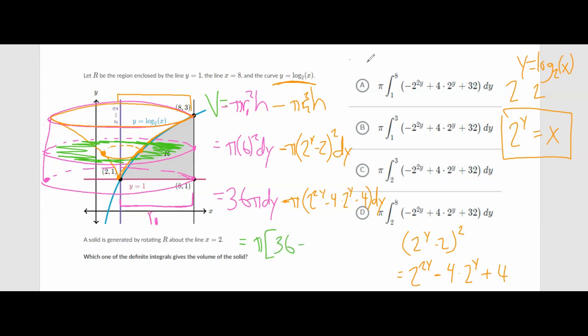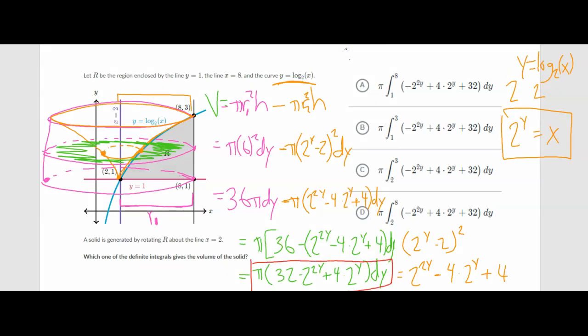Then I have 36 minus this entire quantity, plus 4. dy, simplify one more time. I get 32 minus 2 to the power of 2y plus 4 times 2 to the power of y dy. I am ready to integrate because this represents the volume of one washer.